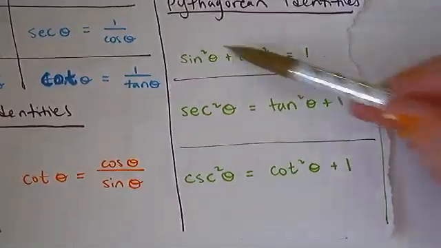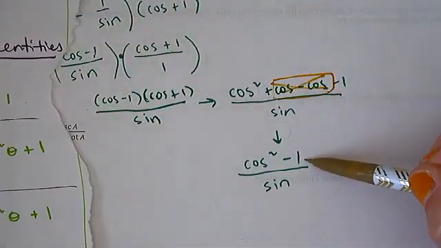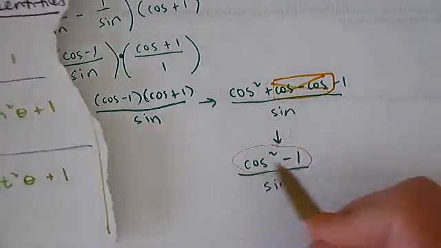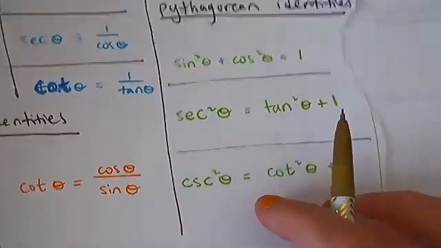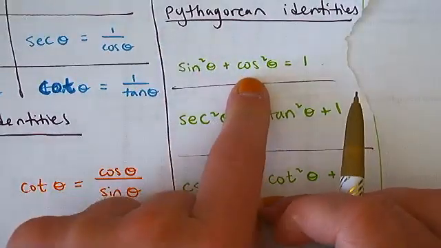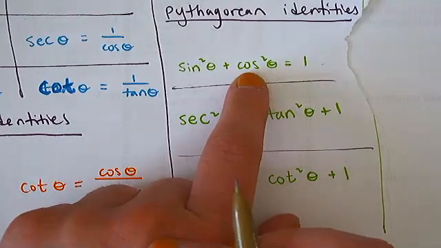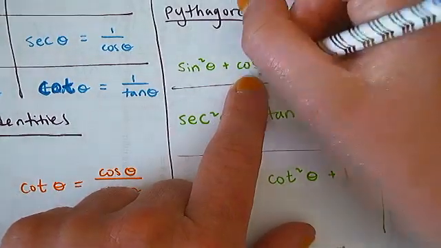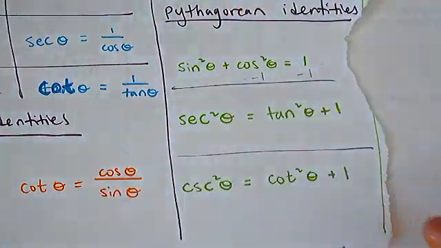Now, how can I change this to make it look like this on one side of the equation? I'm looking for cosine squared minus 1. I don't see that exact thing over here, right? So here's cosine squared. How am I going to get that minus 1 to appear? Not by magic. You can subtract this 1 to the other side. Boom.